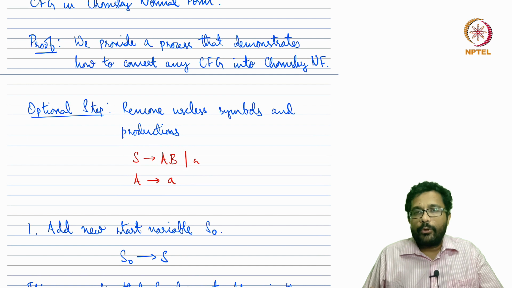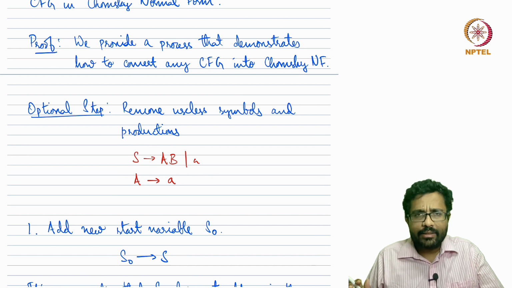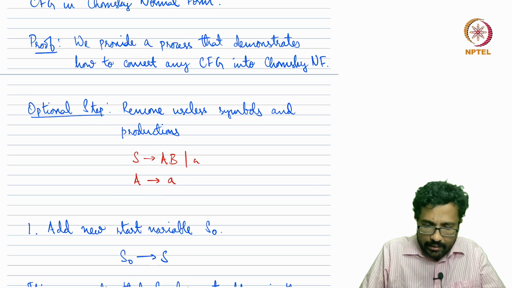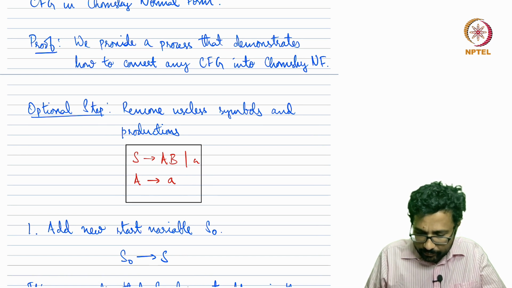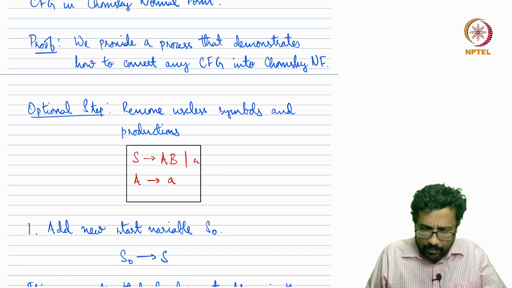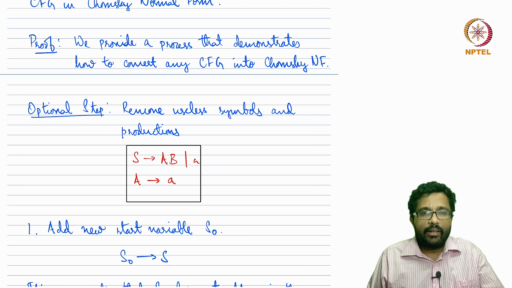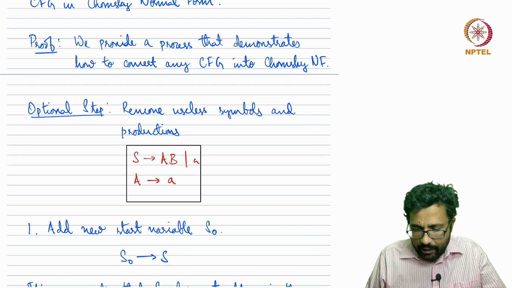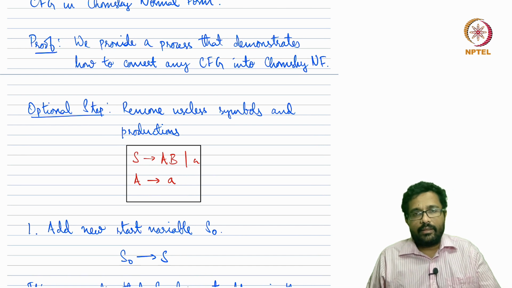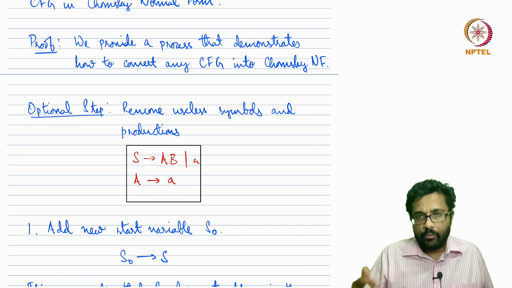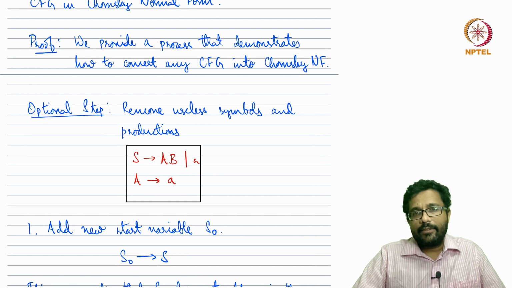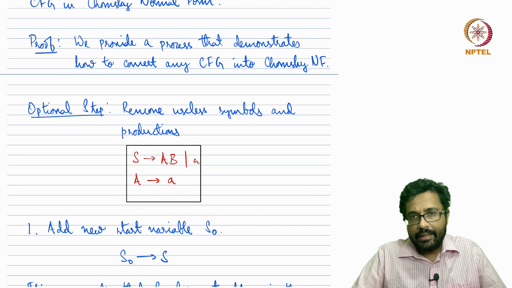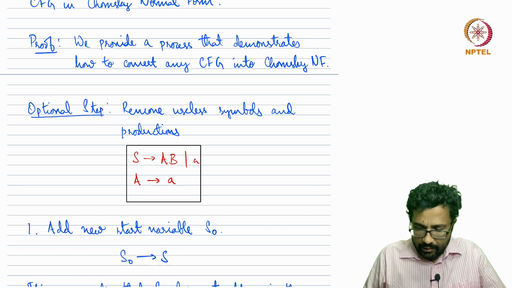So first is to remove useless symbols and productions. What do I mean by that? Suppose this is the grammar, the one in the box. It has S gives AB and A gives small a. You see that the variable B is never used here, in the sense that there is nothing defined for what the variable B yields. So if you use the rule S gives AB, there is no real next step to go.